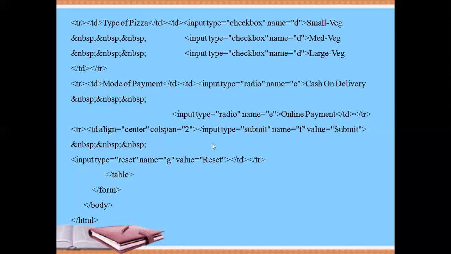So that finishes with the code writing of the two action controls which are there, submit and reset buttons respectively. Close the table, close the form, close the body and close the HTML tag. So this was the second program displaying the CSS style in tables.